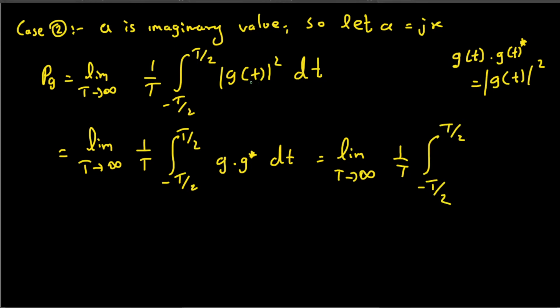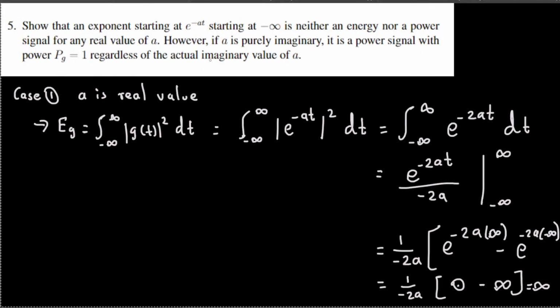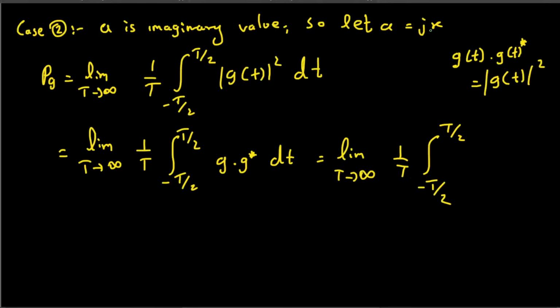Instead of g, the given function is e power minus at. Instead of a, we are replacing that with jx. So e power minus jxt, and then times e power, the conjugate is basically the opposite sign. If it's minus, that will become plus. So this is e power jxt, and then dt.